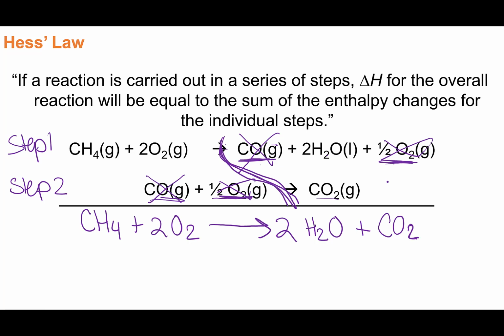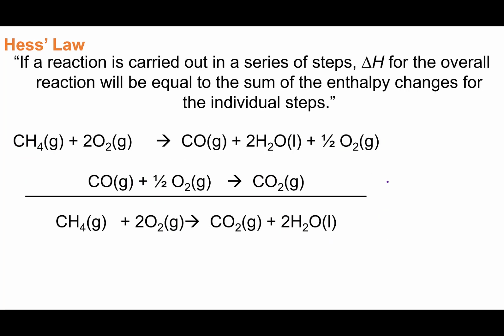Okay. If I were to give you the enthalpies for each of those steps, now that we've determined the overall reaction, finding the enthalpy for the overall reaction according to Hess's law is going to be just taking negative 283 plus negative 607 kilojoules.